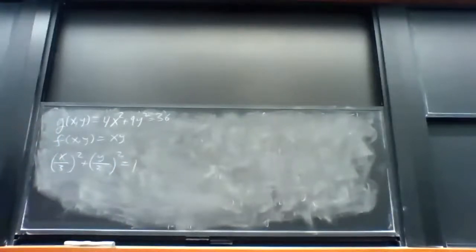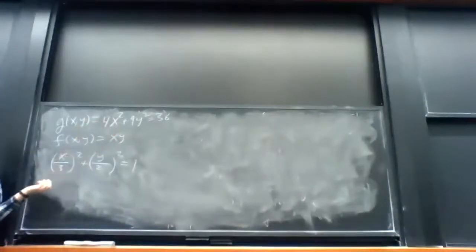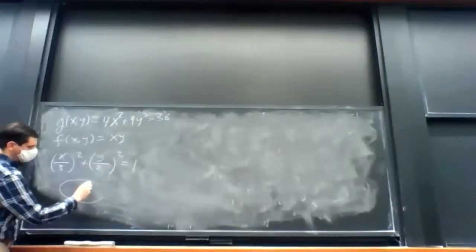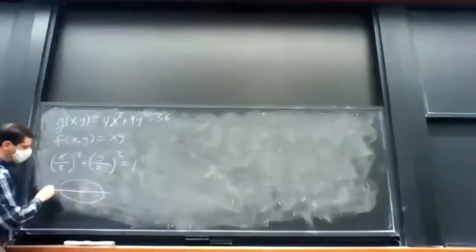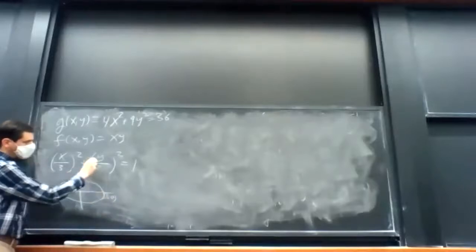That's x squared over 9, which is x over 3 squared. So this is an ellipse. If I draw the ellipse, this is the point 3, 0, and this is the point 0, 2.